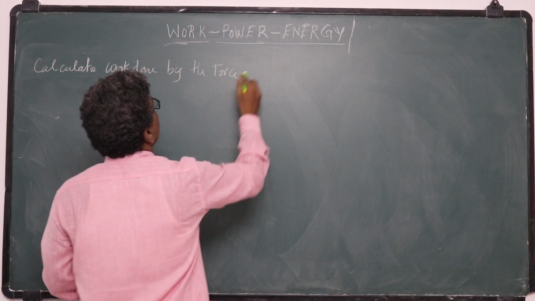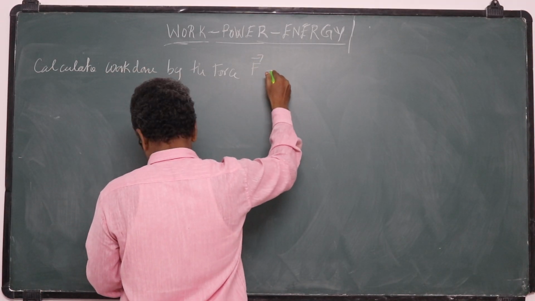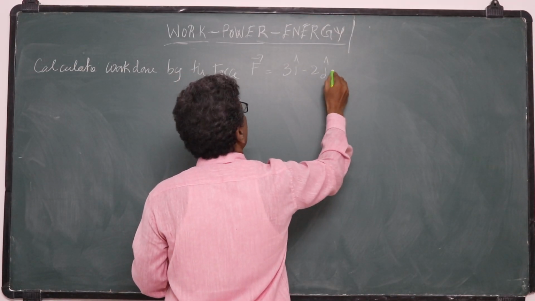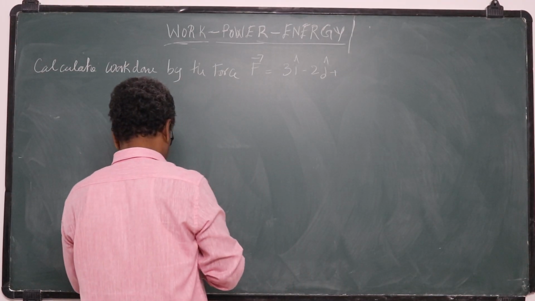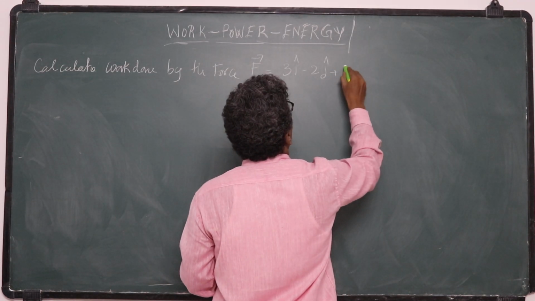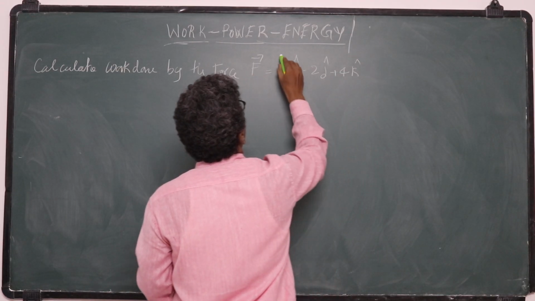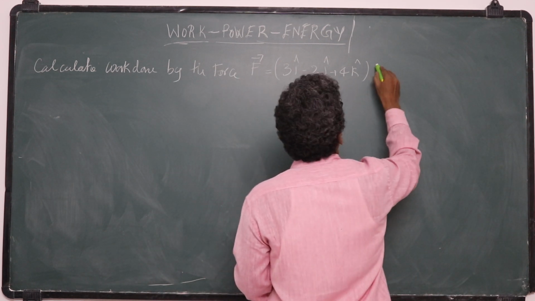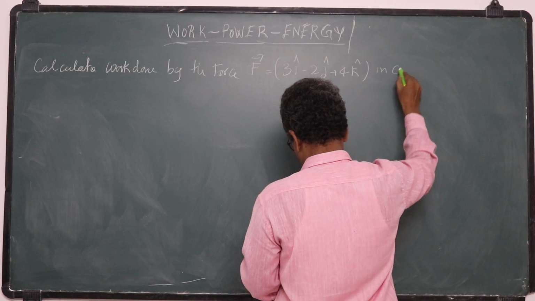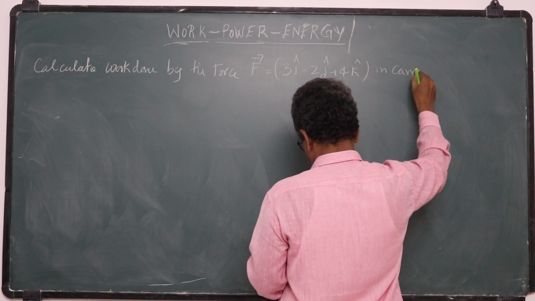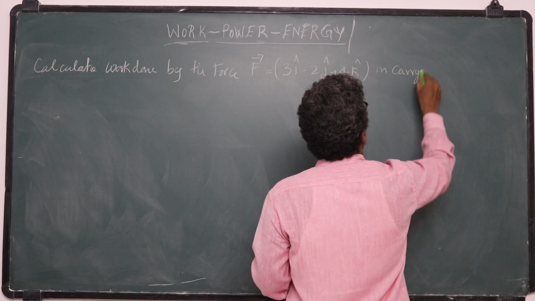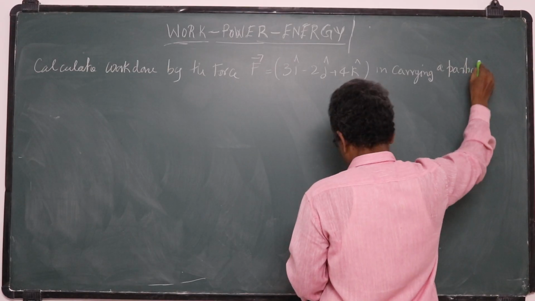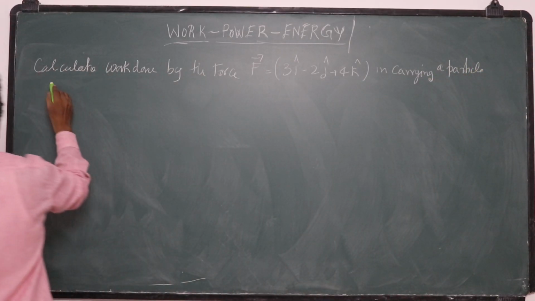F bar is equal to 3 I cap minus 2 J cap plus 4 K cap. This is the force given.